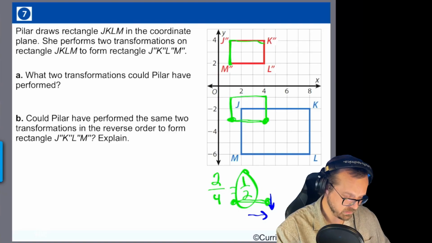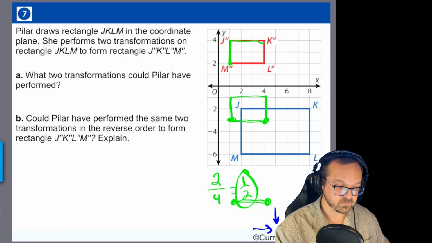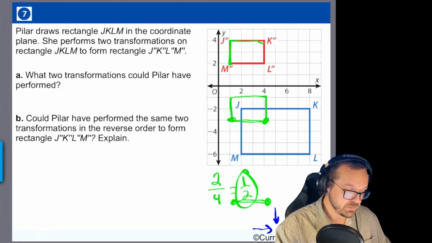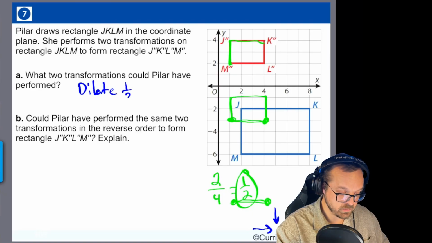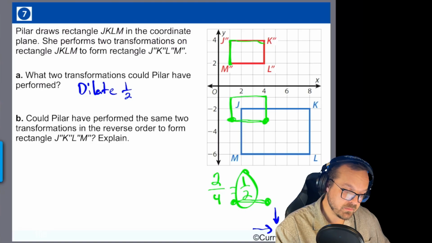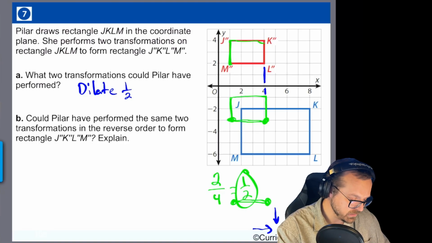Let me move that out of the way there. Now from here, so that's a dilate by 1/2 around the origin, like so. And then, well, I can't reflect because the distance here is not the same here. Also, if I reflected, keep in mind that this is J prime now. This is K prime right here.